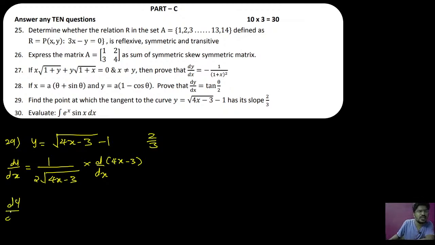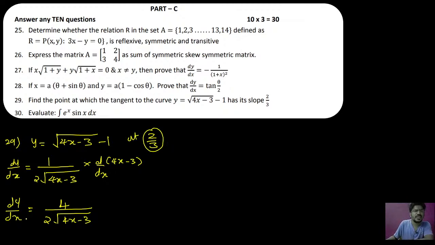Therefore, dy by dx will be equal to 1 by 2 times root of 4x minus 3. Differentiation of 4x minus 3 is 4, so I will write 4 here. Now they are saying the slope is 2 by 3.